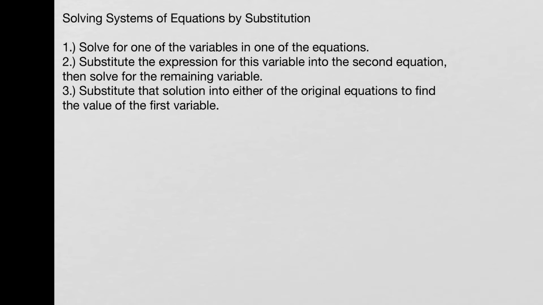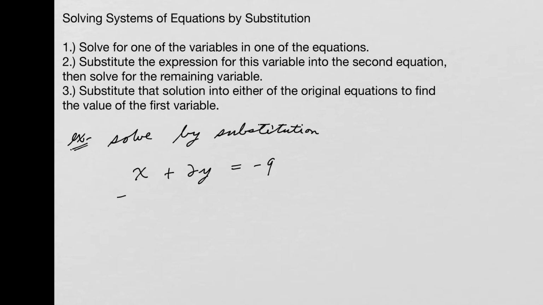Let's say we're asked to solve this system, and we'll solve by substitution. So I have x plus 2y equals -9, and then 7x plus 4y is equal to -43.